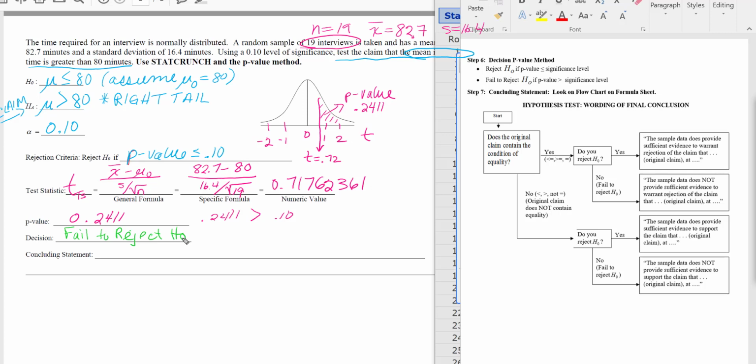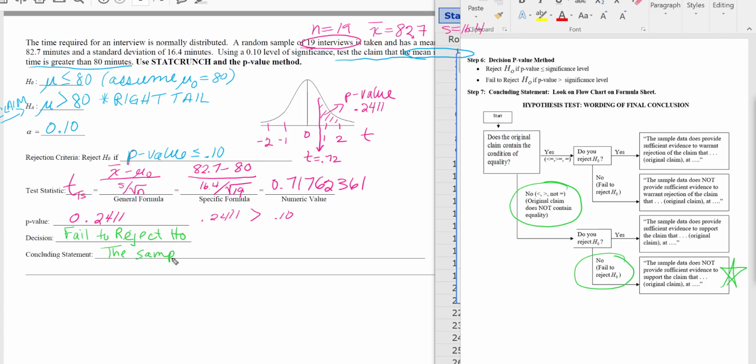So in our concluding statement, according to our flowchart, does the original claim contain the condition of equality? No, it does not. Do we reject the null? No, we fail to reject the null. So it's our last option here. Let's write this sentence.